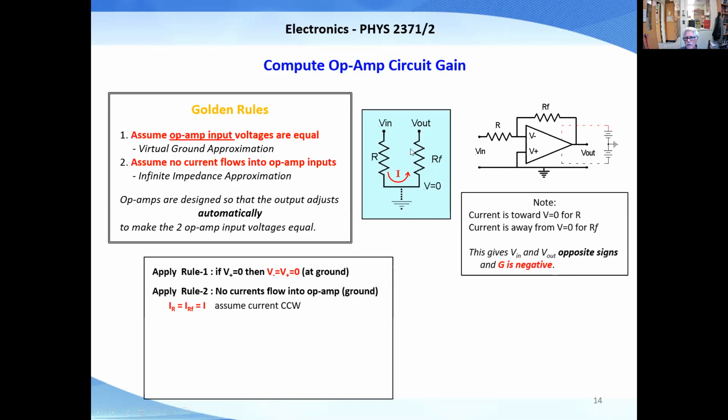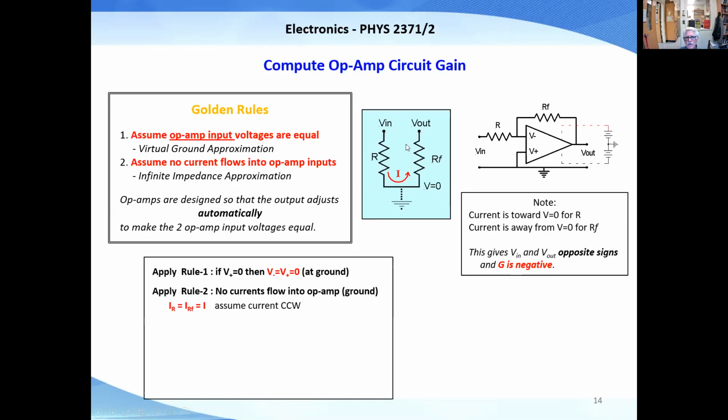Note that the current is towards V equals 0 for the resistor R. So if this is a certain voltage, then the positive current would flow this way. And it's going the opposite direction for V out. The current's going out. So if this is V equals 0, if it's positive current, this has to be a higher voltage.